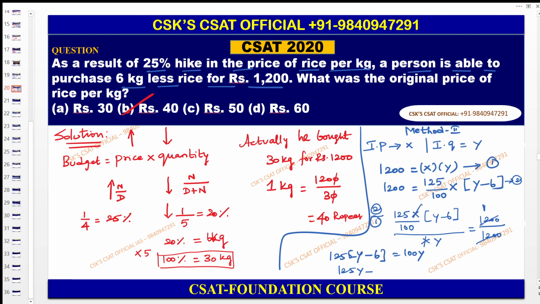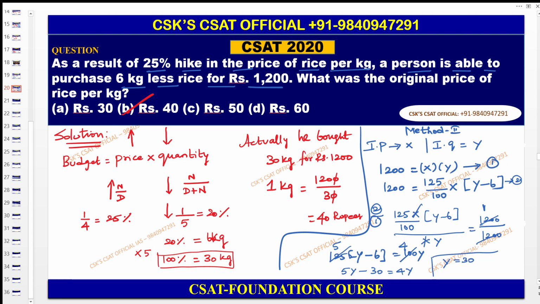You can multiply, or else you can simplify also here. If you are finding it difficult, you can simplify with the table. Cancel this one. 4 times, then here 5 times. Just now multiply here. 5y minus 30 is equal to 4y. Now rearrange this one. Y is nothing but 30.